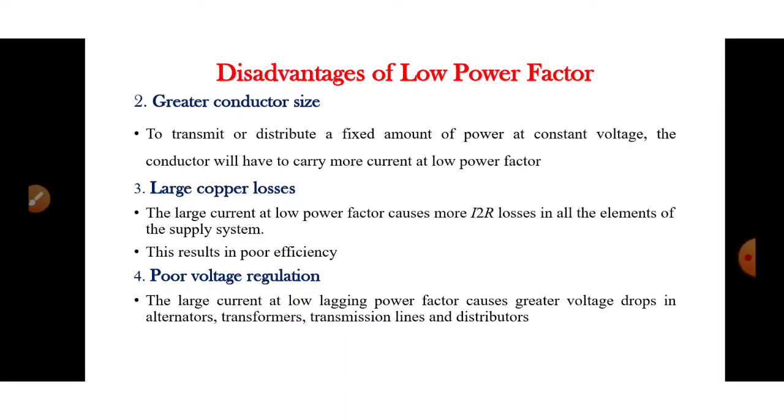And also this more current will lead to large copper losses. We know that copper loss is equal to I square R. So as current increases, I square R losses also increase. This results in poor efficiency. And this will also lead to poor voltage regulation. There will be greater voltage drops in equipments as well as transmission lines. So these are the disadvantages of low power factor.